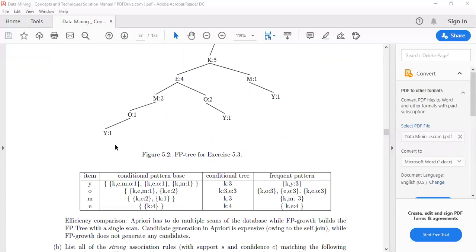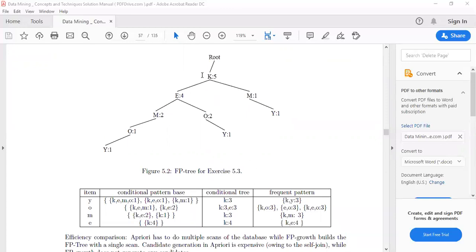See, Y is combined with, if you see the flow of this Y, K, E, M and O. So it is happening one time. Next we have to see where Y is here. How this Y is getting K, E and O. So we are getting the value here, the second path.